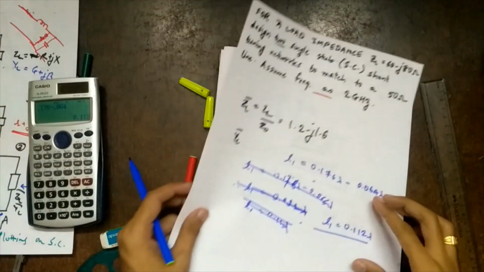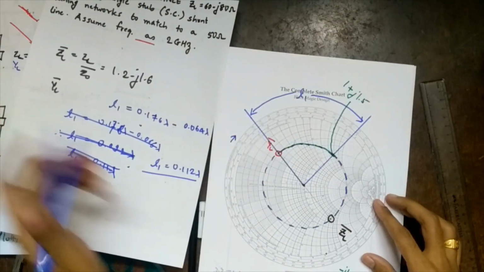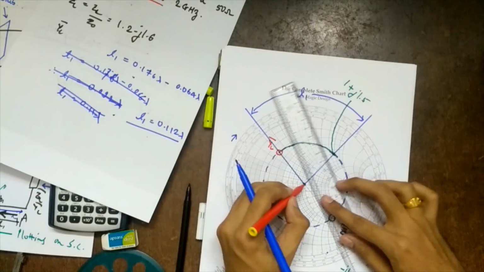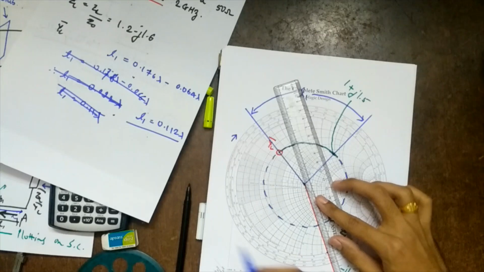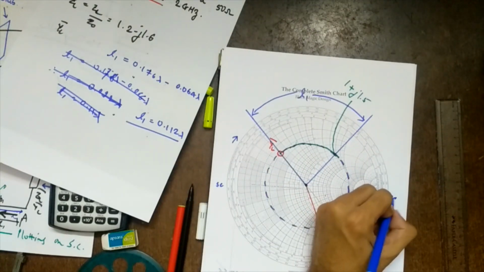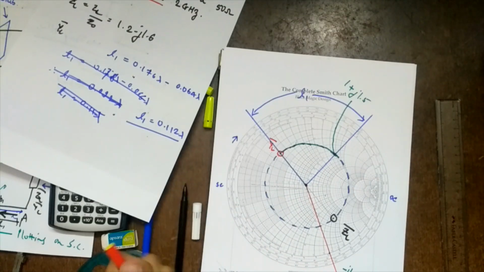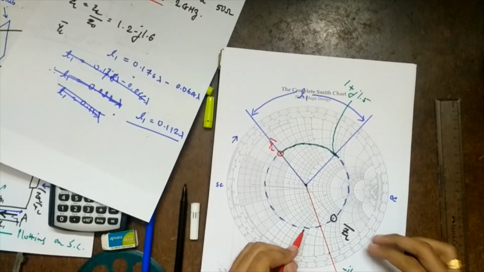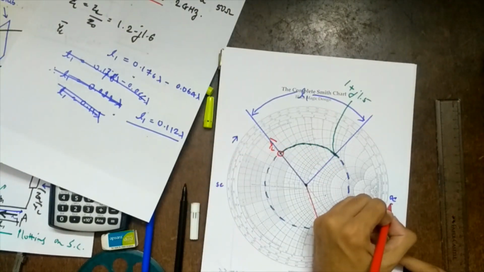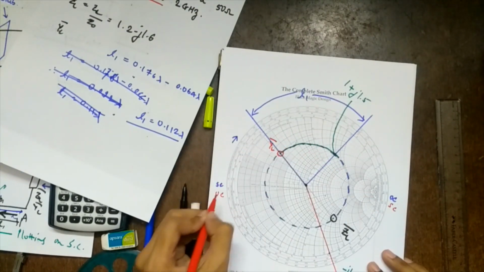So we have found L1 as 0.112 lambda. Next is to find LS. For LS, again take that reactance point and extend the line. What is short circuit? This is short circuit, this is open circuit. But this is an impedance Smith chart, and as I told you, we are working in admittances. So for admittance, this is short circuit and this is open circuit.